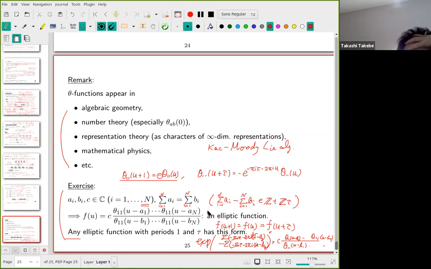And as you see, because theta has 0 at 0, A1 to AN are zeros, and likewise B's give poles.